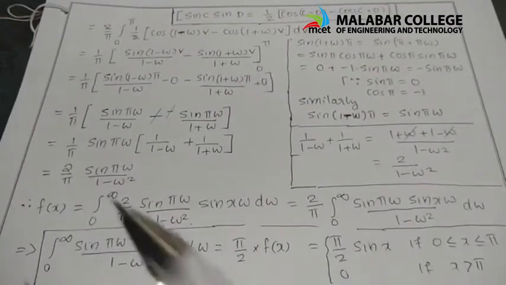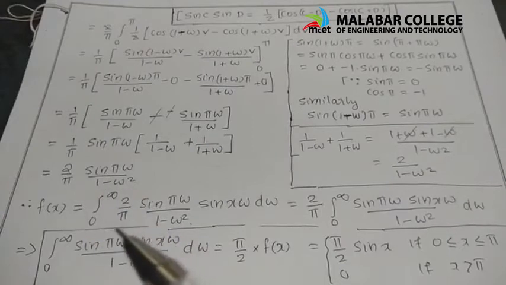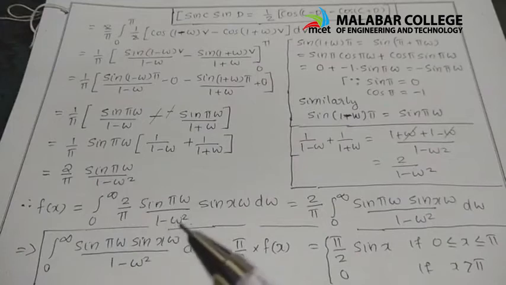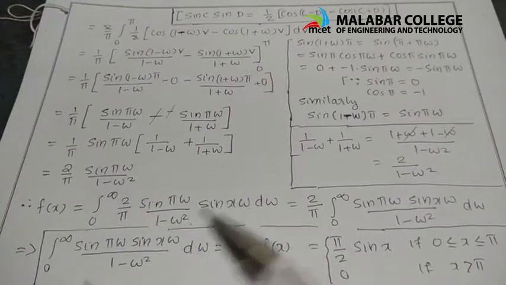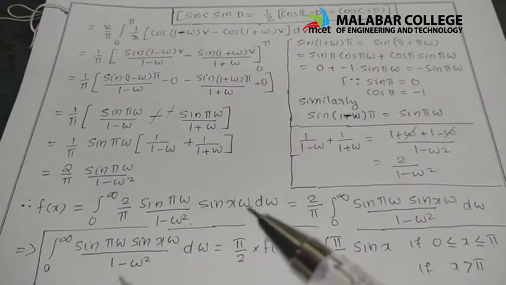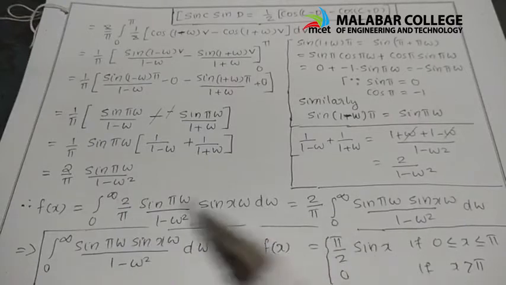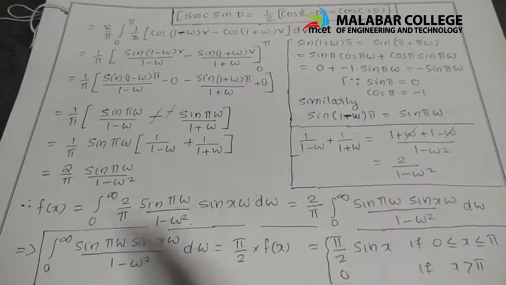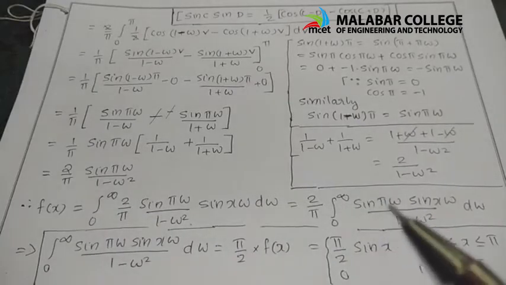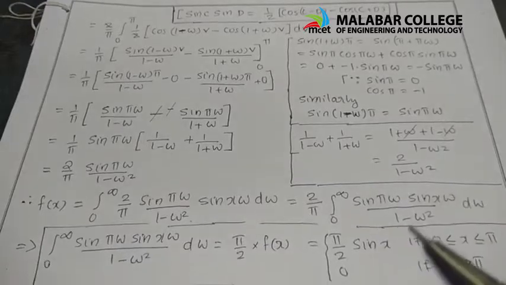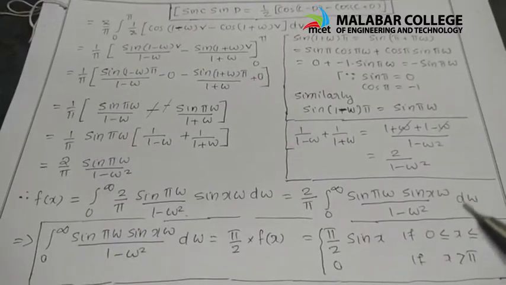Therefore f of x equals, substituting this value in the question, integral 0 to infinity 2 by pi sin pi omega by 1 minus omega square into sin x omega d omega, which is equal to 2 by pi into integral. This 2 by pi is a constant, take it out: integral 0 to infinity sin pi omega sin x omega by 1 minus omega square d omega.